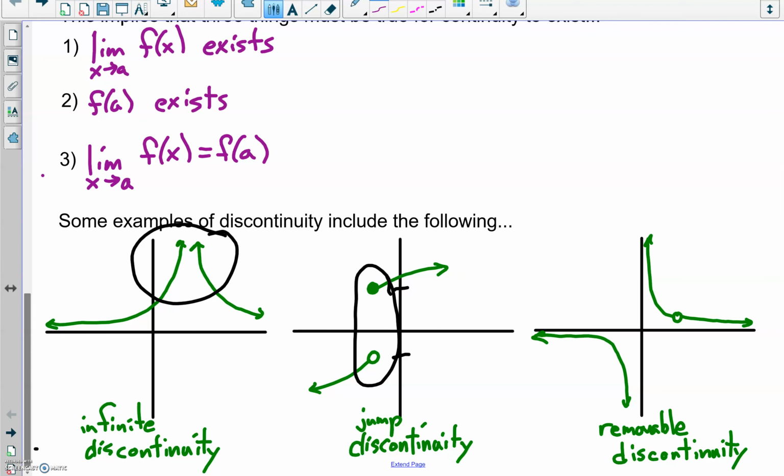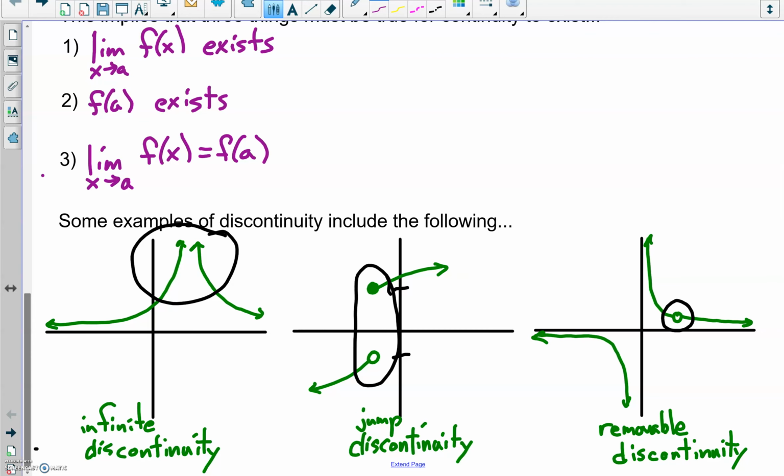And then last but not least, this graph kind of looks like a 1 over x graph, but really it's some other sort of function where maybe you had a factor in the numerator and denominator that was able to be canceled out. And that factor still led to a domain issue right here, which would be represented by a hole. Remember, with those rational functions, if you cancel a factor out, you don't have a vertical asymptote there, but you will have a hole there.